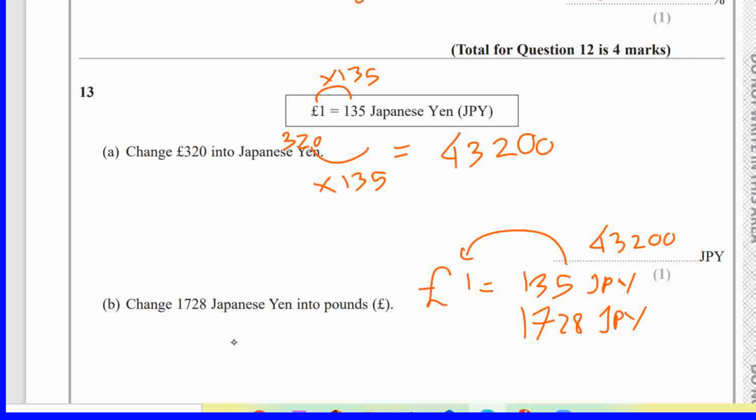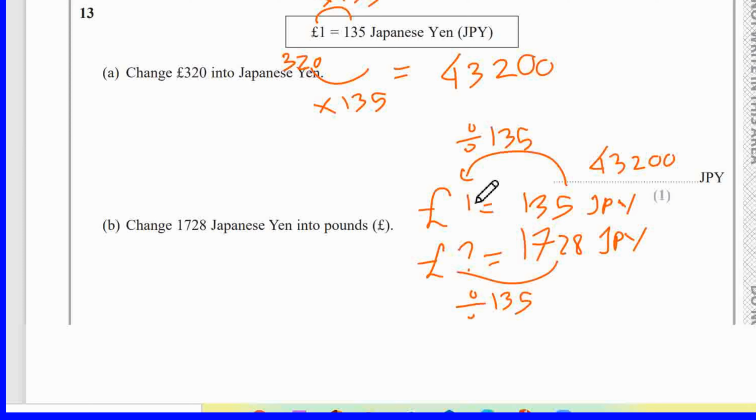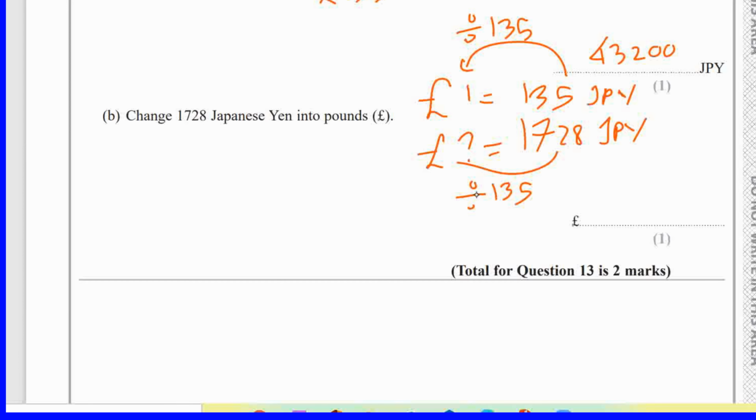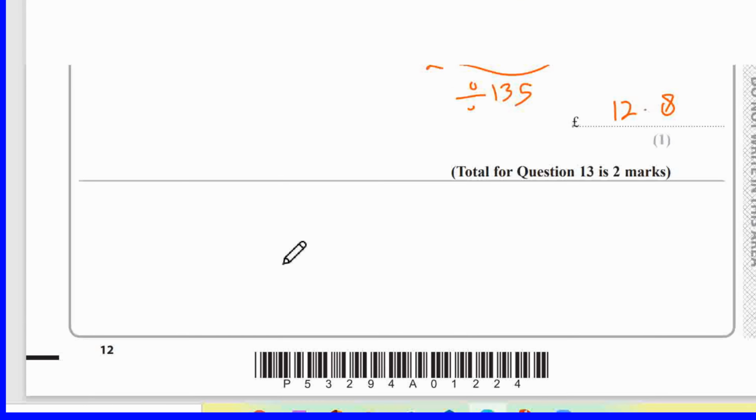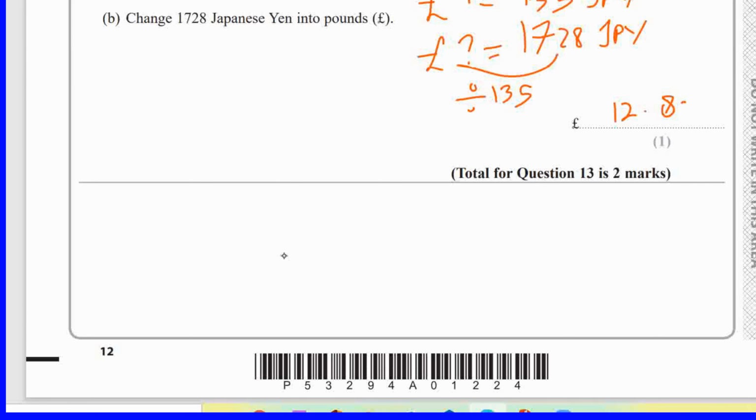To go to pounds, we have to divide by 135. We will get 12.8 pounds.